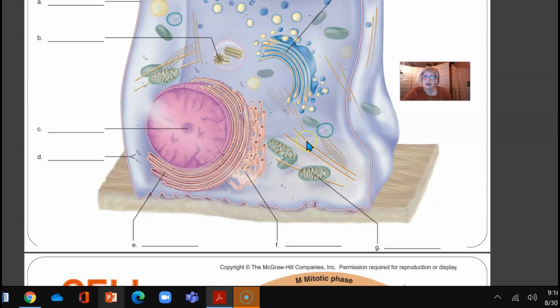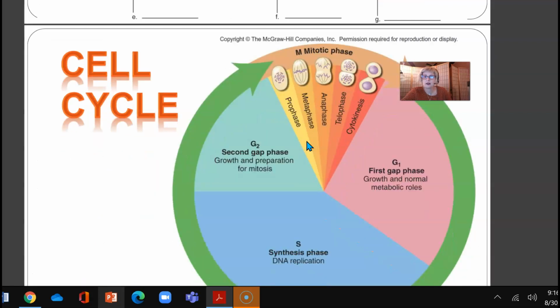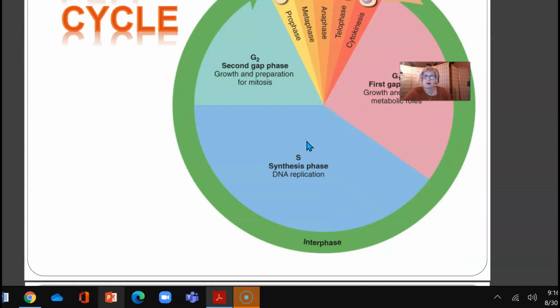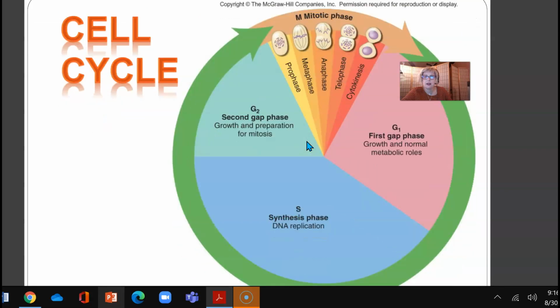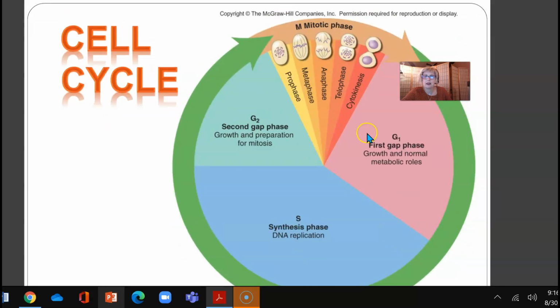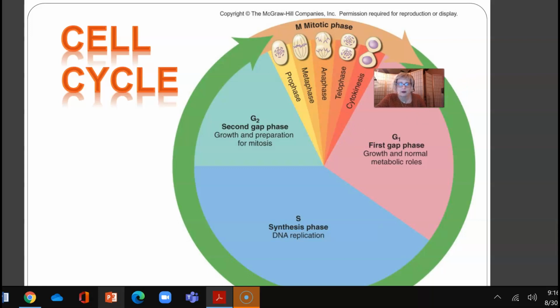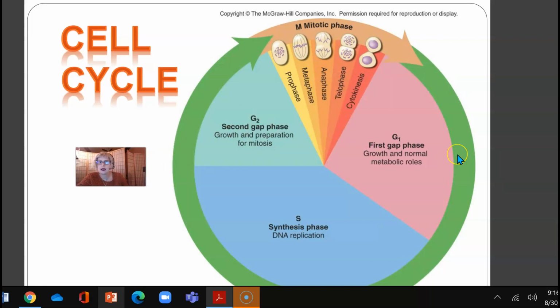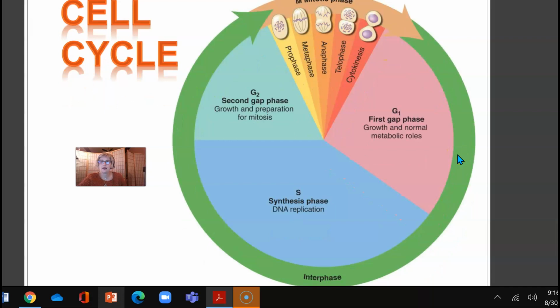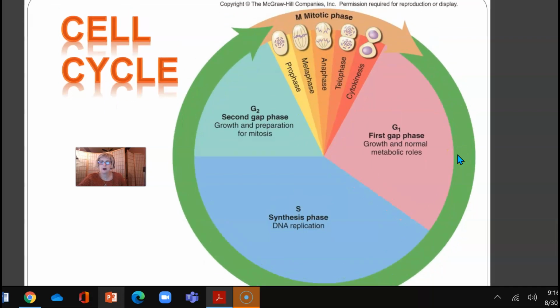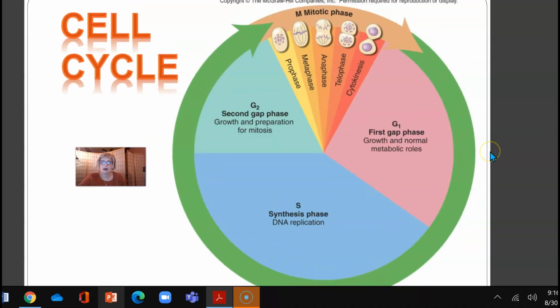Okay, now the next topic at hand is very important. It is called the cell cycle, and without the cell cycle, the cell would not be alive. The cell needs to continuously replicate itself, and at some point it needs to stop replicating itself, and that term is called apoptosis.